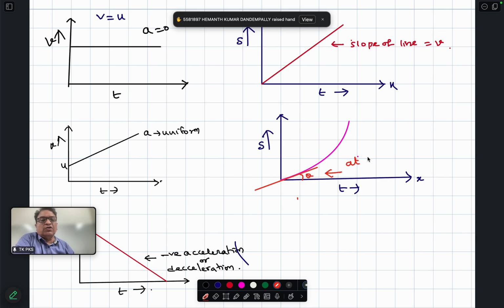At t is equal to 0, slope is not equal to 0. Means it has some initial velocity. It is also a parabolic graph.